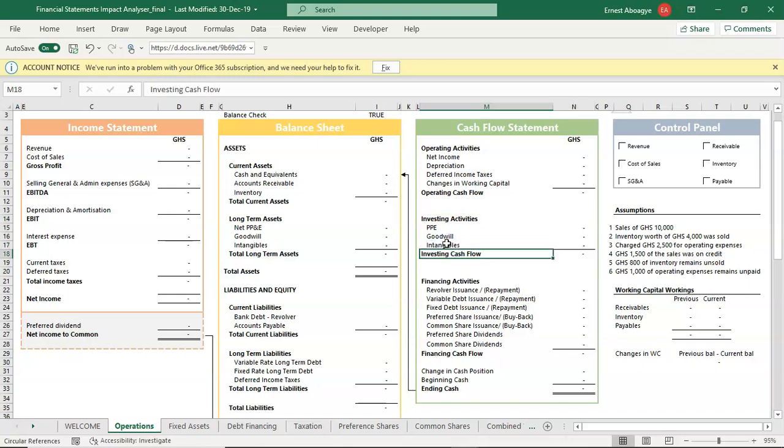Almost always you find this balance being negative because we are likely to be buying more of assets, that's long-term assets, than selling them in order to get a positive cash flow.